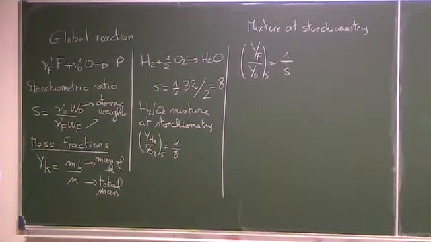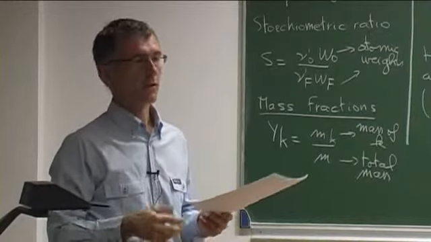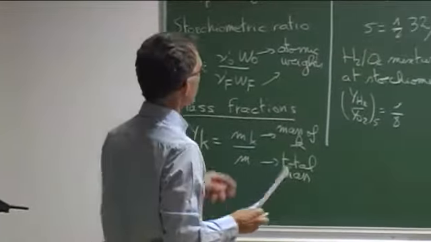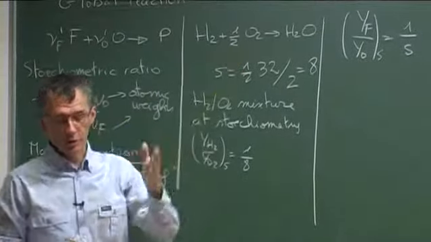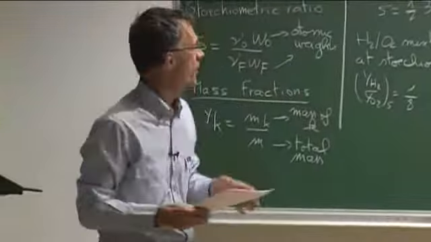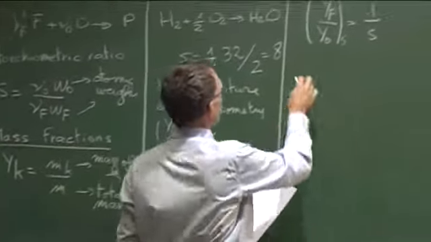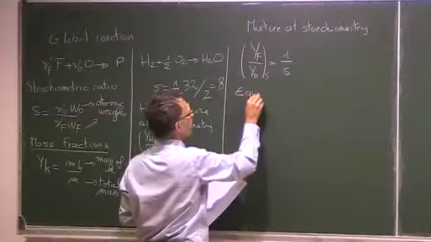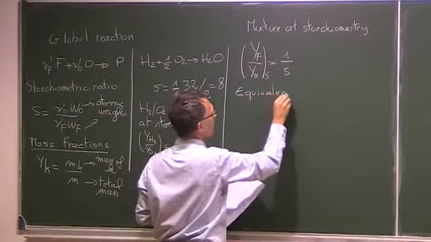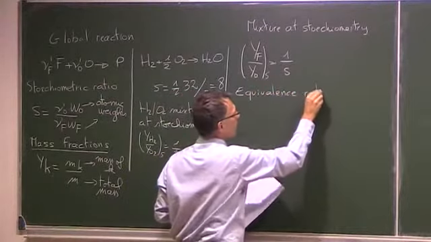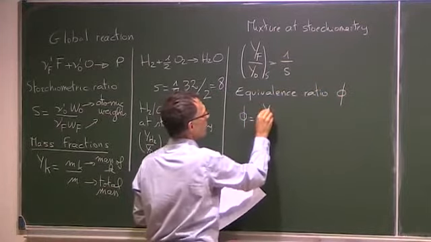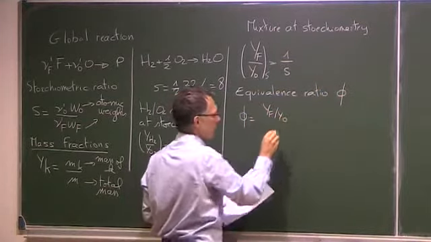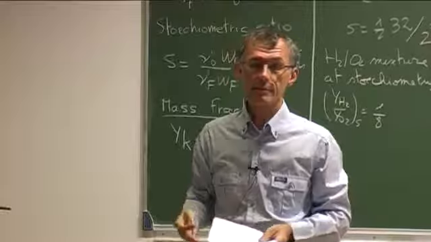Now, in general, when you burn things, you're never sure that you're going to have exactly 1 mole of this guy for 1/2 mole of this one. So you need to introduce a second notion, which is the equivalence ratio, which we call phi in general, and phi is YF over YO, the one you have at the point where you are.